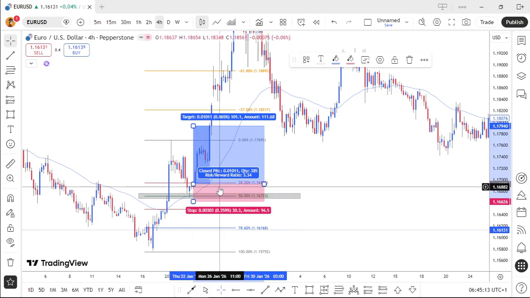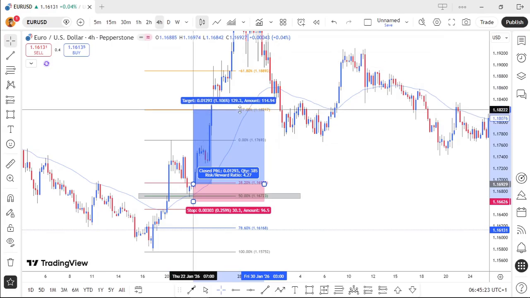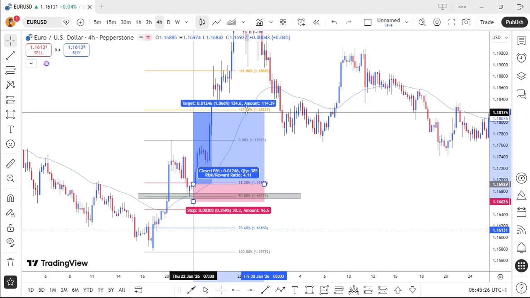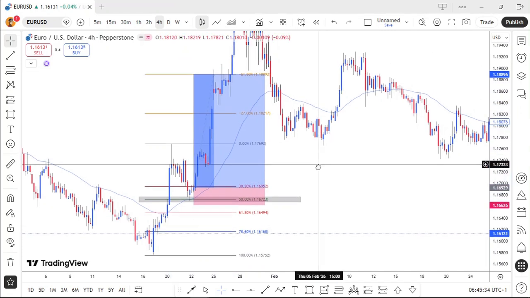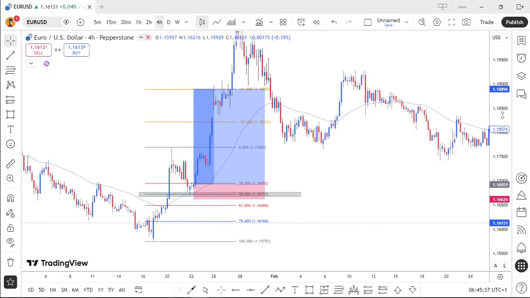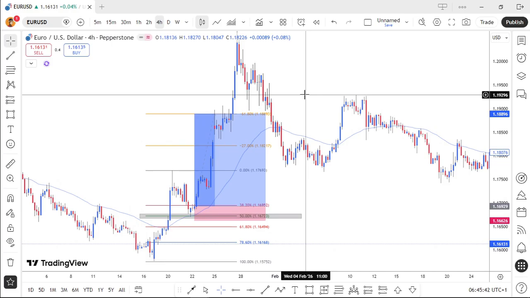Then your take profit level will be the next high or the next resistance. But in this case, Fibonacci has already shown you your potential take profit level, that's the 27.0 or the 61.8. So you see, Fibonacci is a very powerful tool that you use as a trader to identify your potential reversal zone and your potential take profit levels.